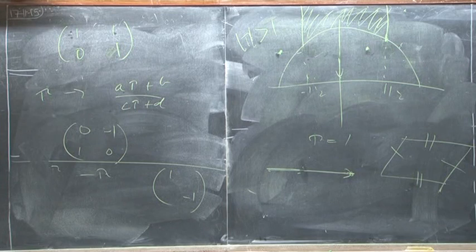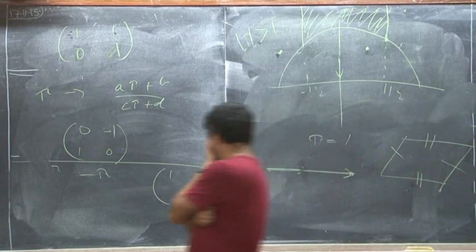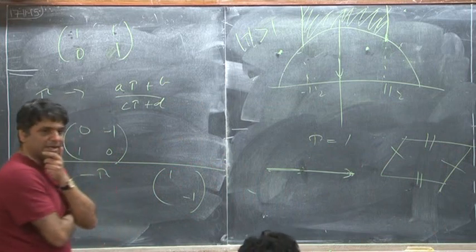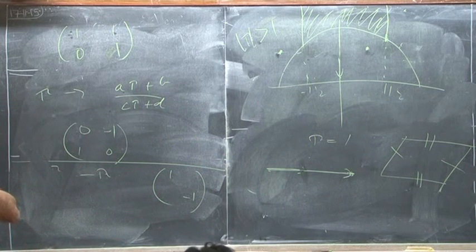Maybe it is because any ABCD belonging to SL2Z still belongs to SL2Z. Yeah, its determinant is not 1.